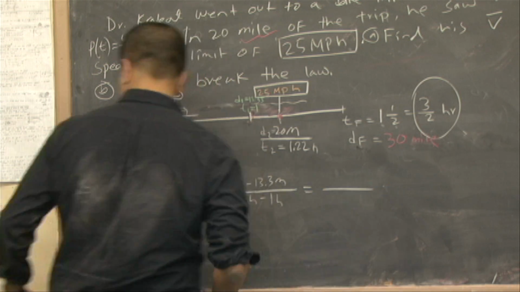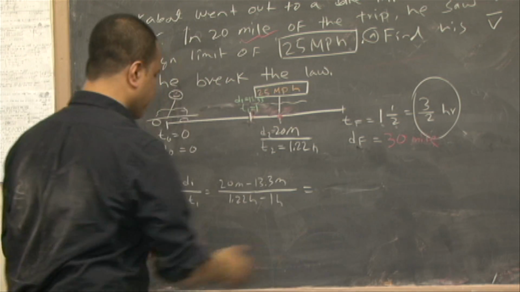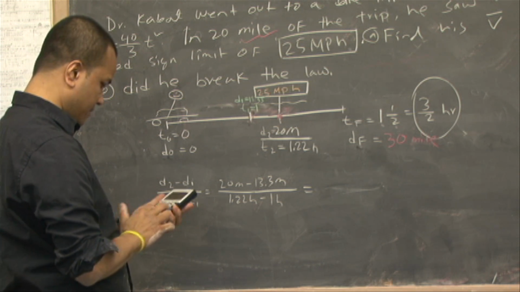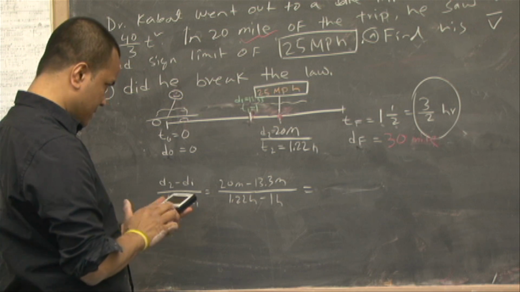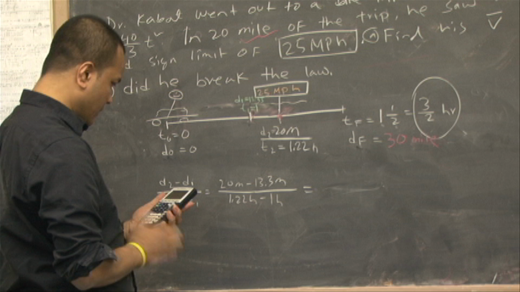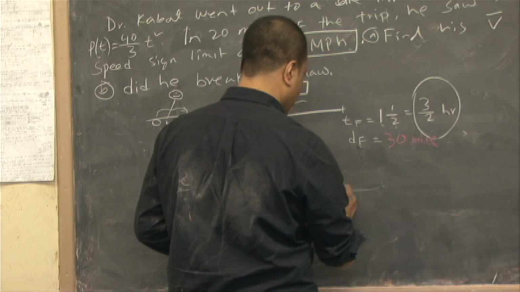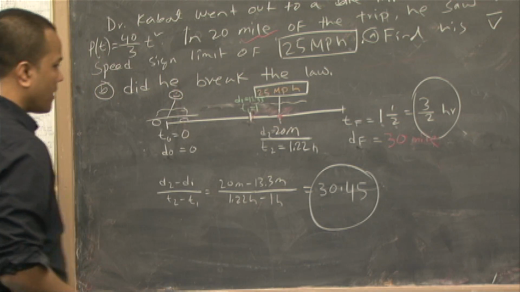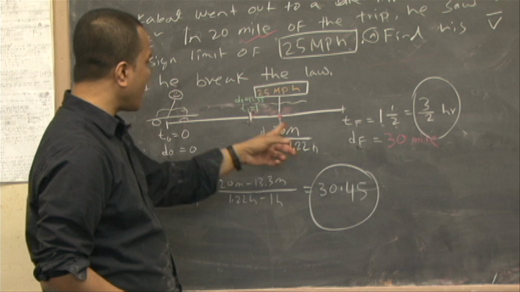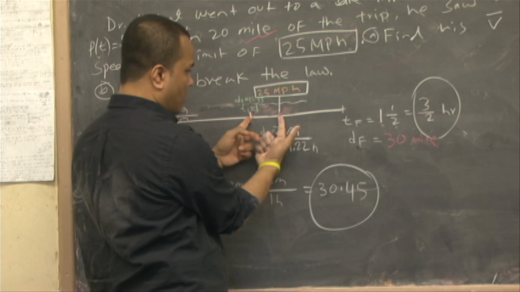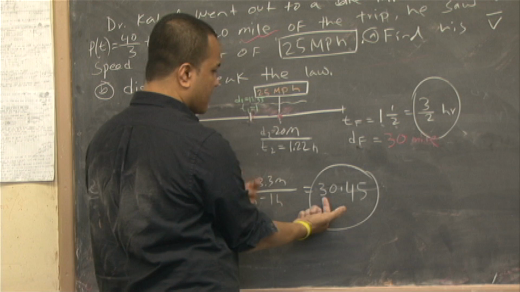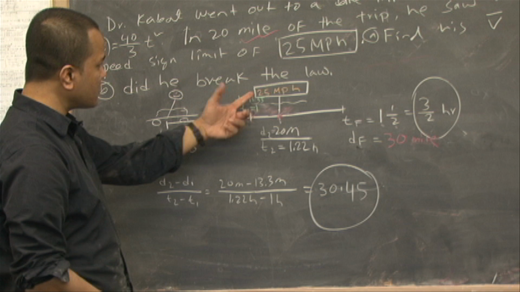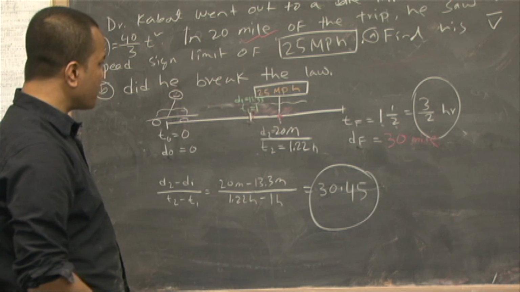Let's use the calculator. 20 minus 13.3 divided by 0.22 is 30.45. So he was actually speeding at the rate of 30.45 miles per hour on this interval. Was it over the limit? Yes, it was quite over the limit.